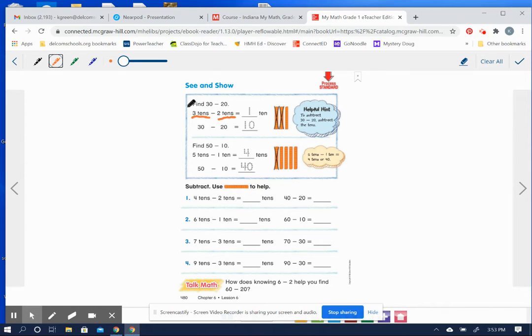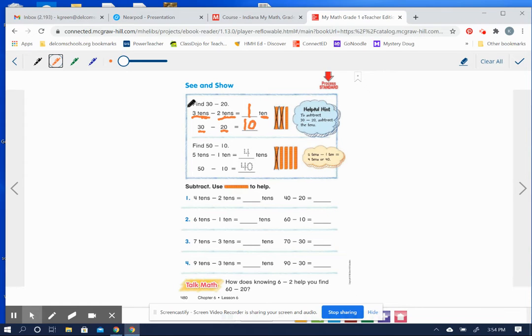So we can just think three tens minus two tens equals one ten. And one ten is the same as 10. So three tens is the same as 30. Two tens is the same as 20. 30 minus 20 equals 10.